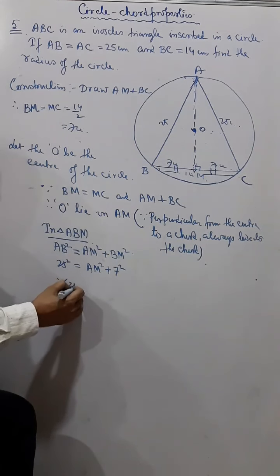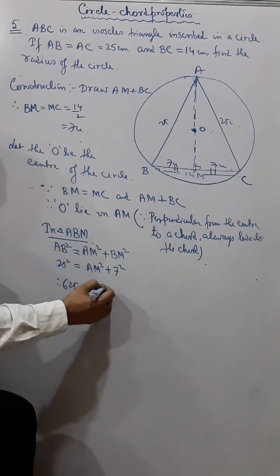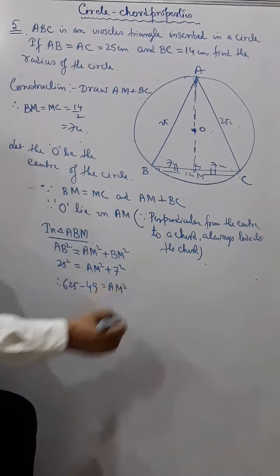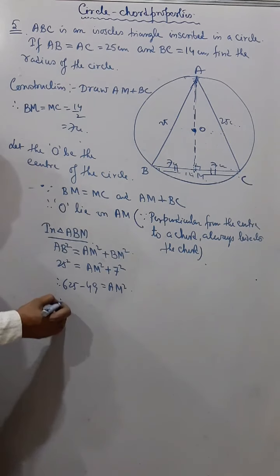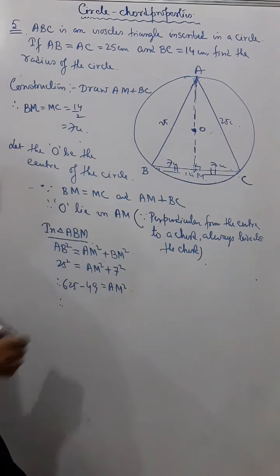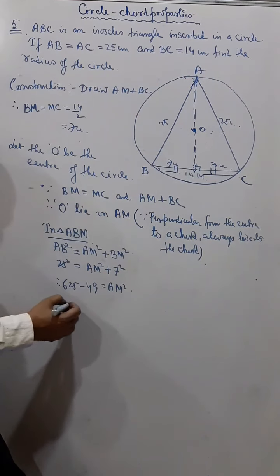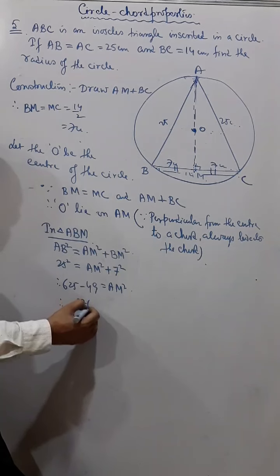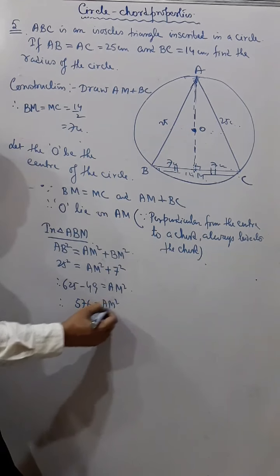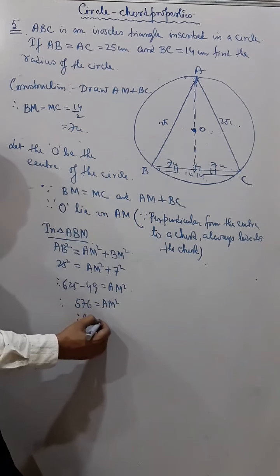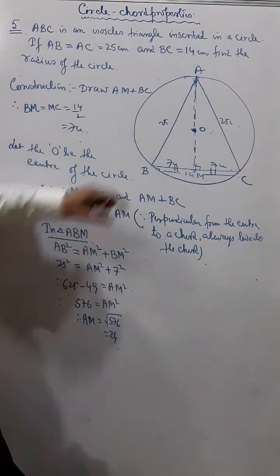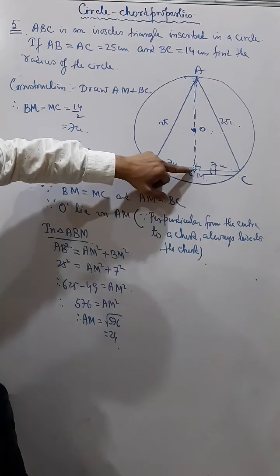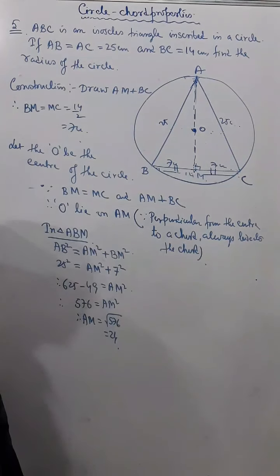So we get 625 minus 49 is equal to AM square, which gives 576 is equal to AM square, and therefore AM is root 576, which is 24.